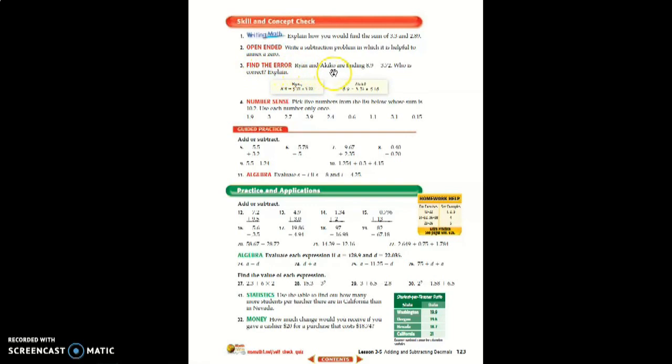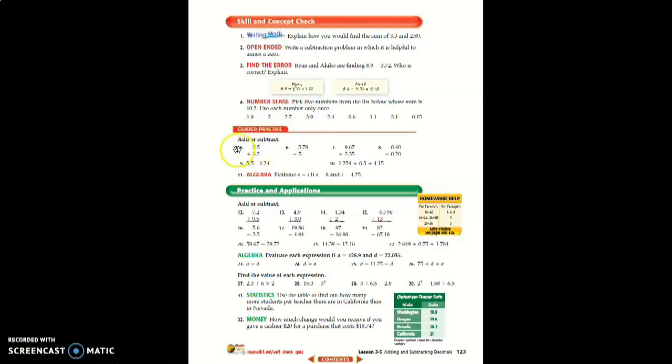Ryan and Akiko are finding 8.9 minus 3.72. Who is correct? Explain. 4. Number sense: pick 5 numbers from the list below whose sum is 10.2. Use each number only once.